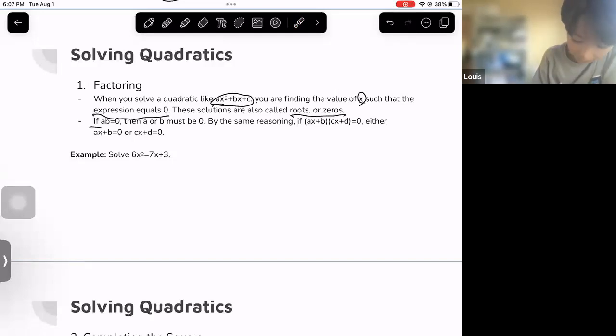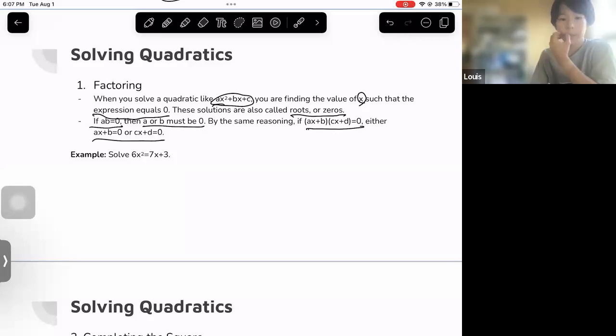And if AB equals 0, then A or B must be 0. By the same reasoning, if AX plus B times CX plus D equals 0, we have either AX plus B equals 0 or CX plus D equals 0. So I'll give you guys a few minutes to solve this problem.